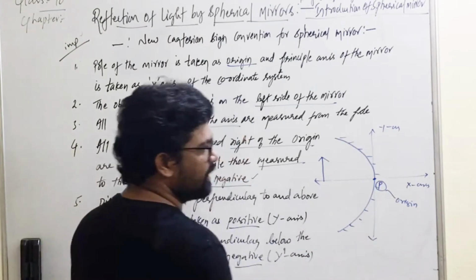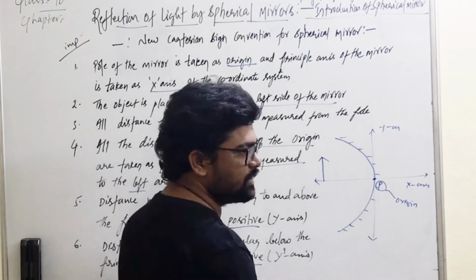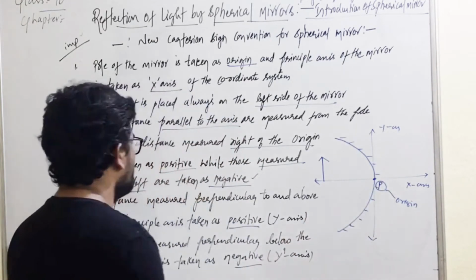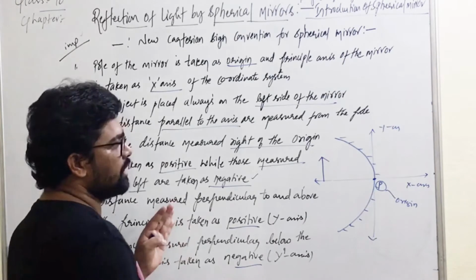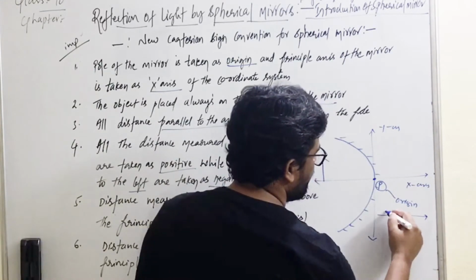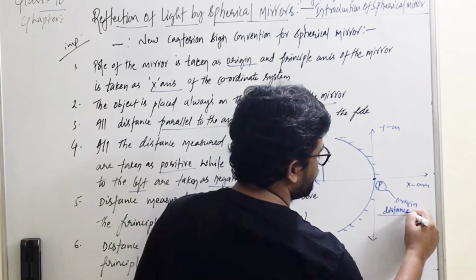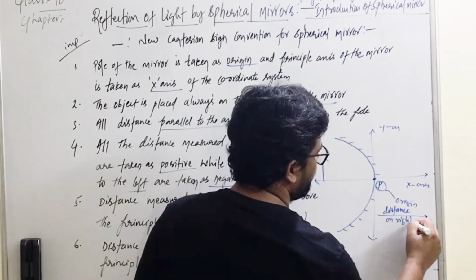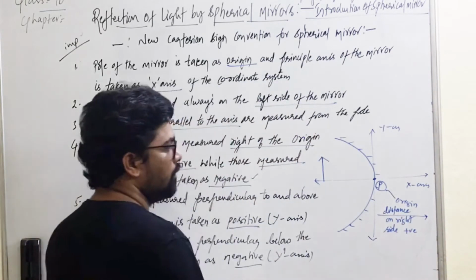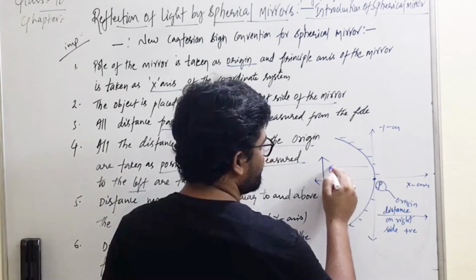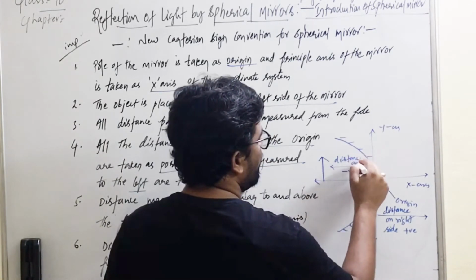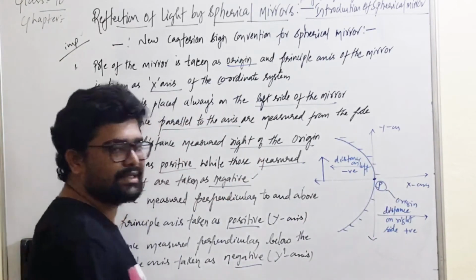Whatever the distance, object distance or image distance, for a concave or convex mirror, we have to measure it from the pole. Distances on the right side are taken as positive, and distances on the left side are taken as negative.